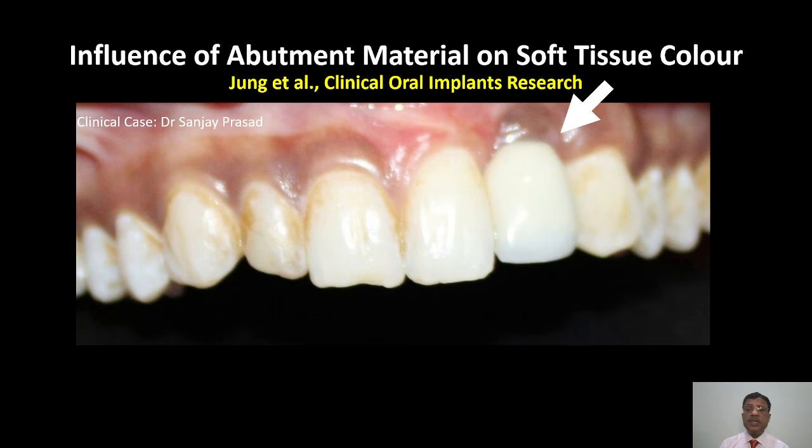Now here the most important thing is what should be the adequate thickness of the soft tissue so that the underlying titanium abutment, which is grayish black in color, is not visible underneath the gingiva.